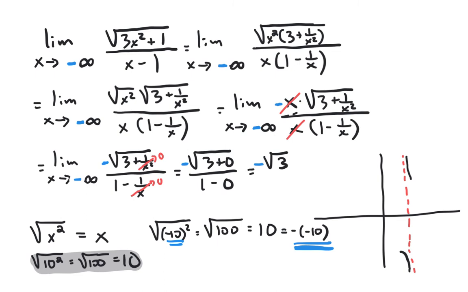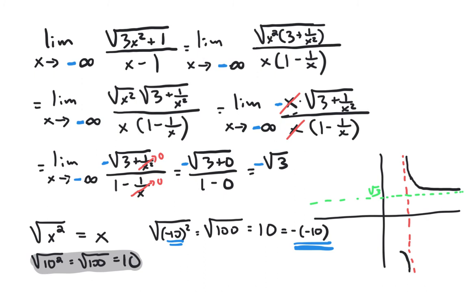But there's going to be a little bit different behavior as we approach infinity and negative infinity. Remember, as we approached infinity, so without that negative, we approached positive square root 3. So we have a horizontal asymptote at, here's our line at square root 3. So our function's going to look like that.